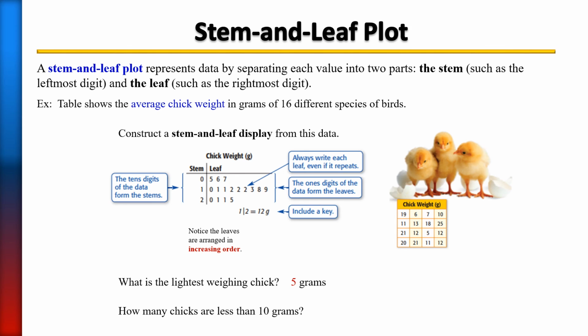Next question. How many chicks are less than 10 grams? We want smaller than 10 grams, and that would be our first row here. We have the 5, 6, and 7 grams. So that's 3 that are less than 10 grams. And there you have it.